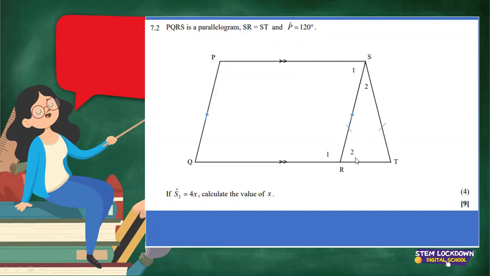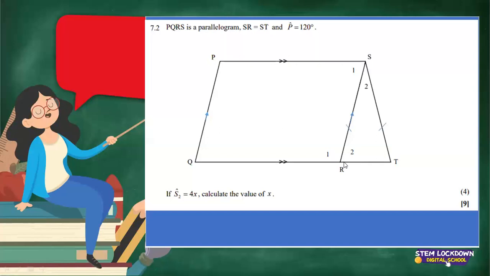Since they must be equal, each is 180 minus 4x divided by 2, which is 90 minus 2x. So our R2 is 90 minus 2x. Our T is also 90 minus 2x.